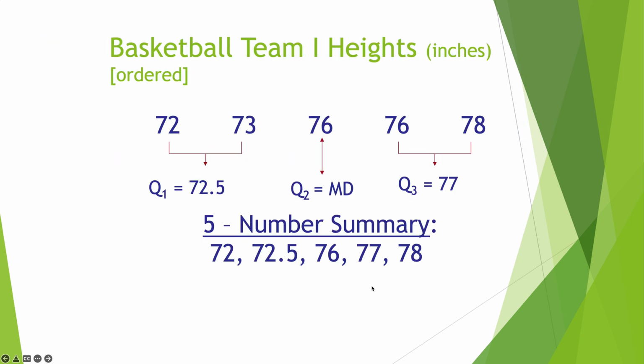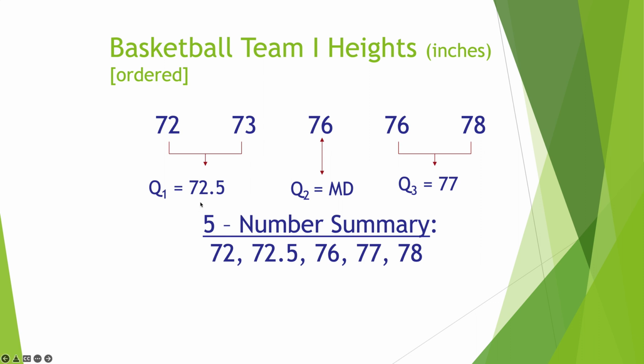So here's a set of 5 numbers. Obviously, the minimum is 72. The maximum is 78. See them there? Minimum 72, max 78. Obviously, the middle number is 76. So that's your median right here. Now, I take the numbers below the median, and I find the median of the numbers below the median.